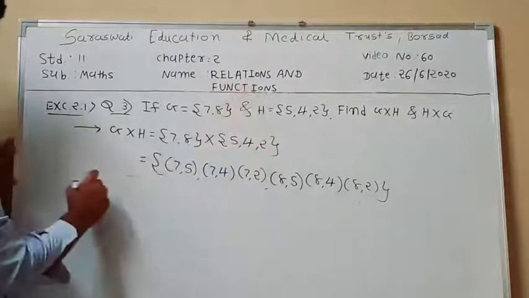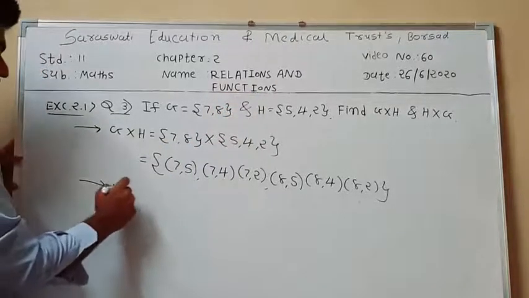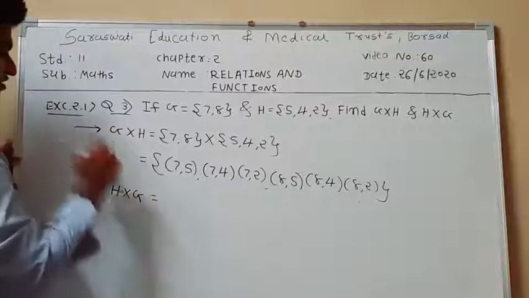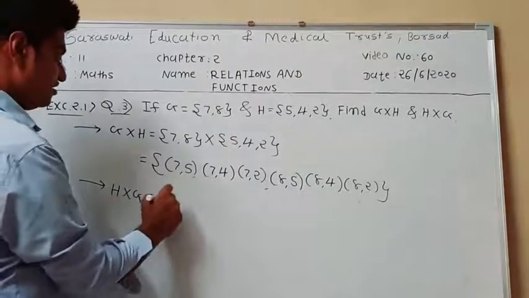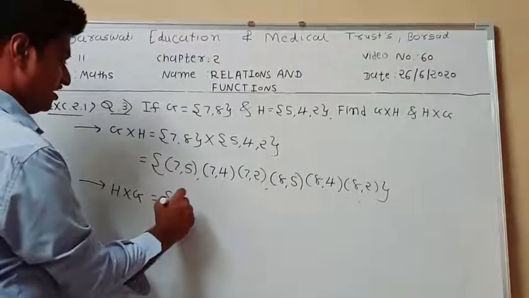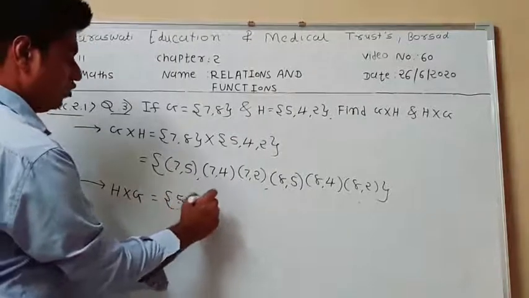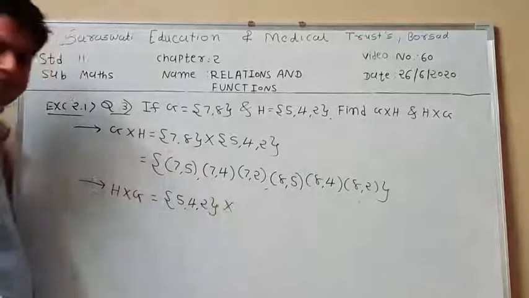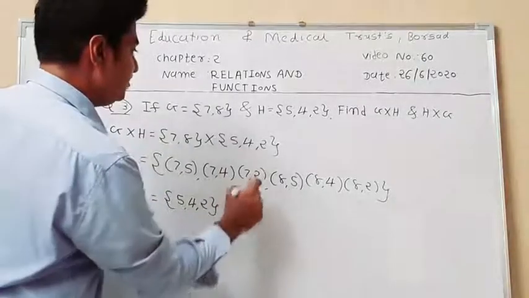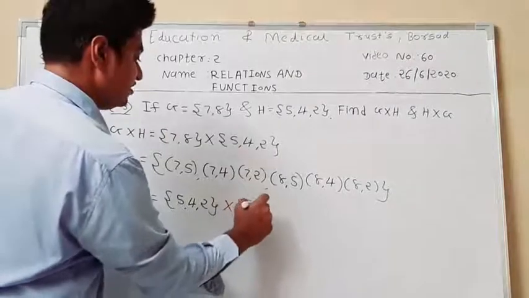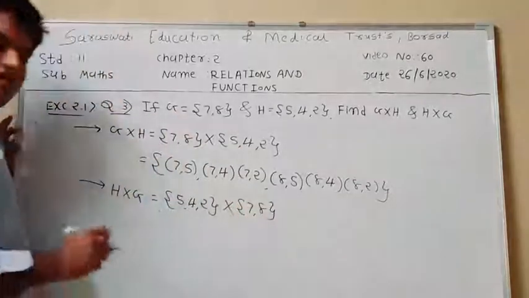Now find H Cartesian product G. So in place of H, write the elements of set H, that means {5, 4, 2} × {7, 8}.